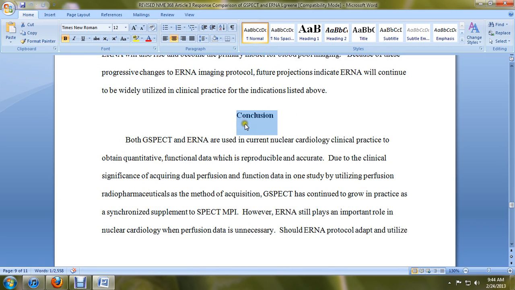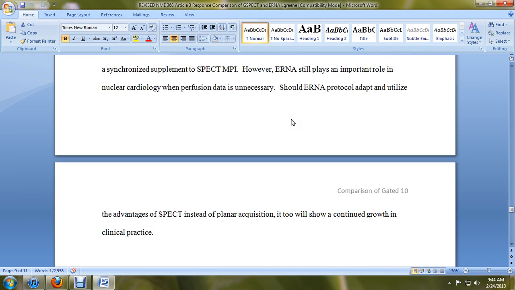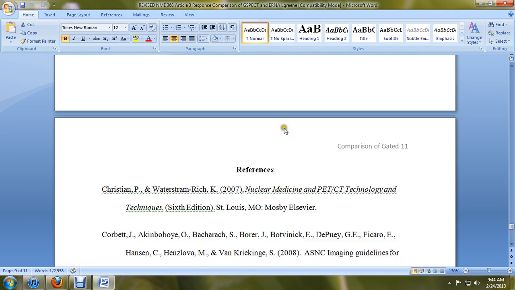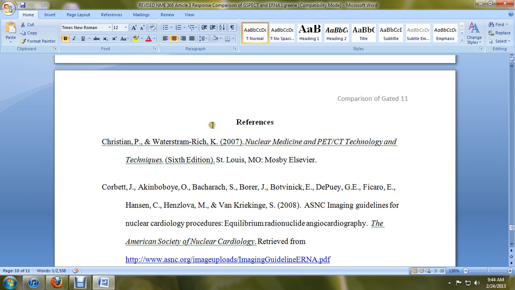So you can see that my conclusion is considered a level 1 heading as well. And your references go on their own separate page after you finish your paper as a level 1 heading.